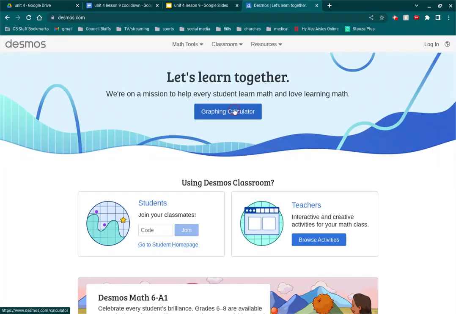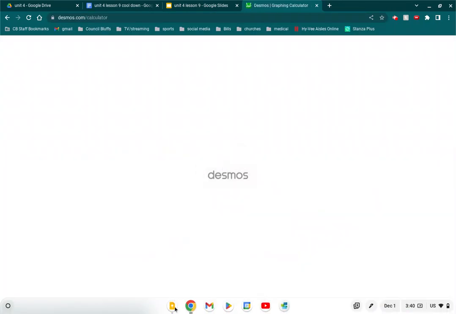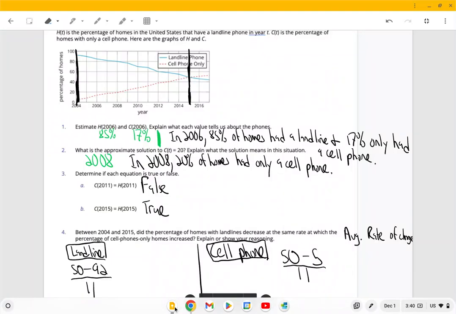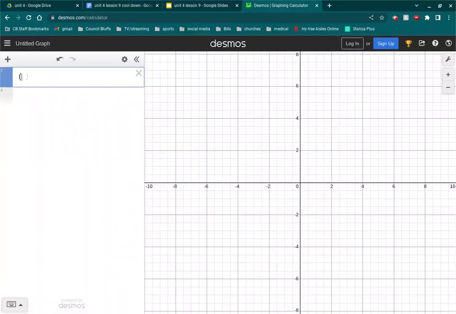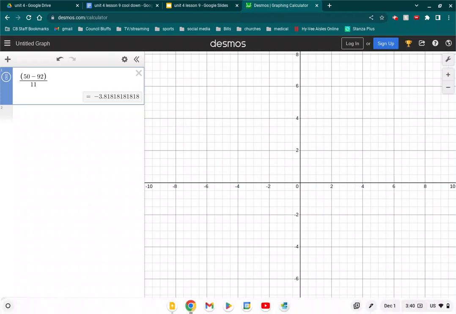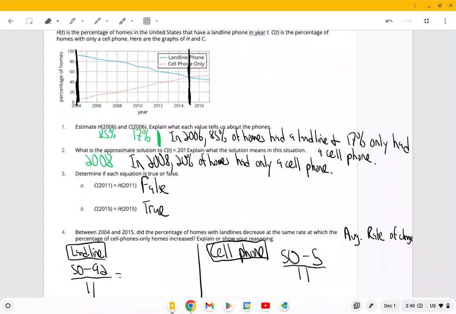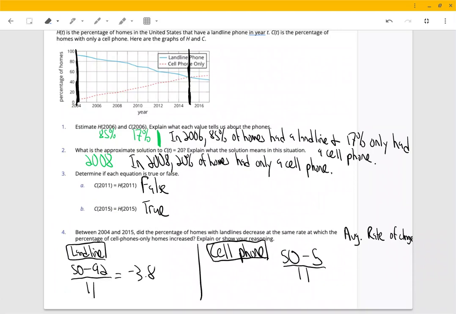All right. So I'm going to pull up Desmos on my computer here. So for landlines, it would be 50 minus 92 divided by 11. It dropped at a rate of about negative 3.8% per year.